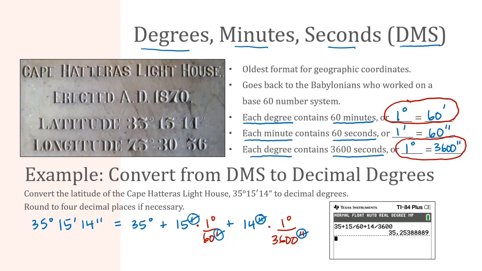And that's going to get me the decimal approximation of 35.2538889, which, because I'm going to round to 4 decimal places, I'm going to look at that 4th decimal, which was an 8, and the number that's next to it tells me that that 8 is going to turn to a 9. So this becomes 35.2539 degrees approximately.